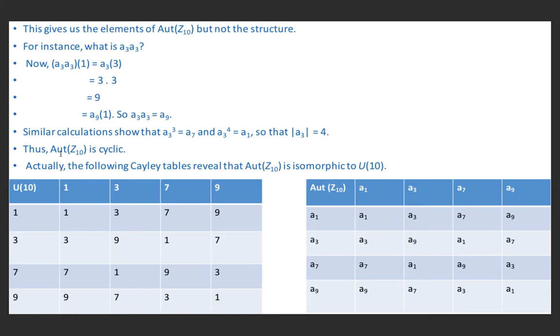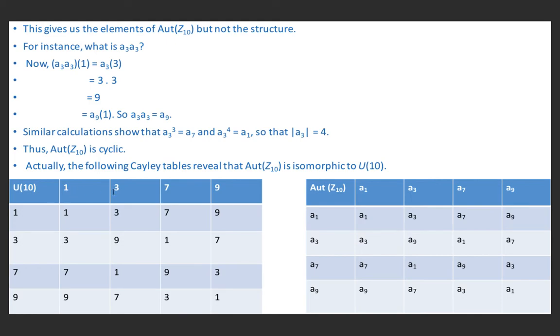Thus the automorphism group of Z10 is cyclic. So this is a table for U10. This also we have discussed in a previous lecture. U10 is nothing but a group under multiplication modulo 10, and its elements are those positive integers which are less than 10 and which are relatively prime to 10.